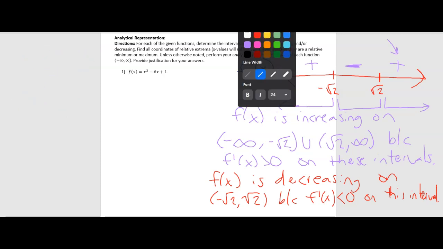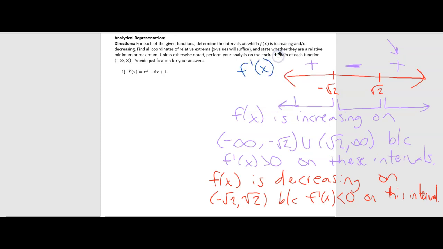So let's think about our ways to tell whether something's a relative minimum or a relative maximum. If we have a relative maximum, our derivative goes from positive to negative. So is there any spot on our derivative number line where we go from positive to negative?